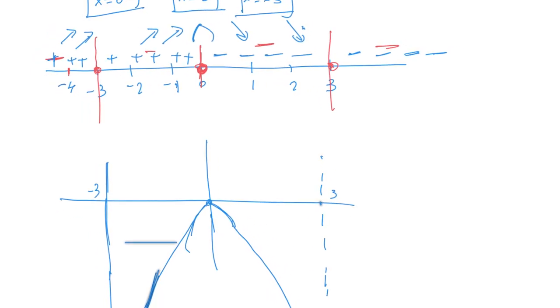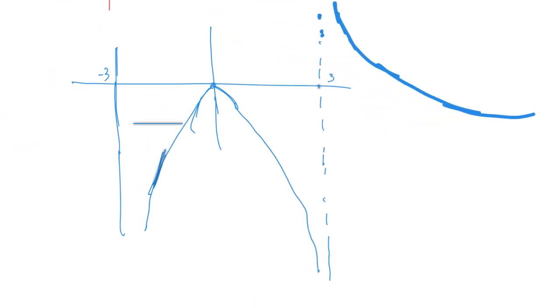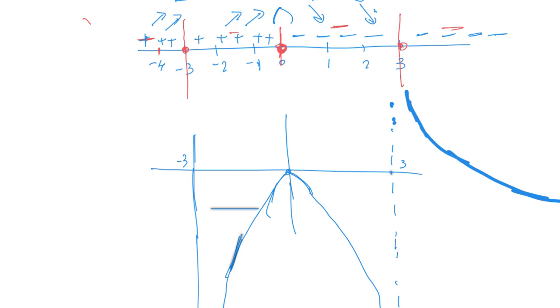To the right it is decreasing all the time. And to the right of minus 3 it is increasing, so it should be something like this, and the slope goes to infinity.